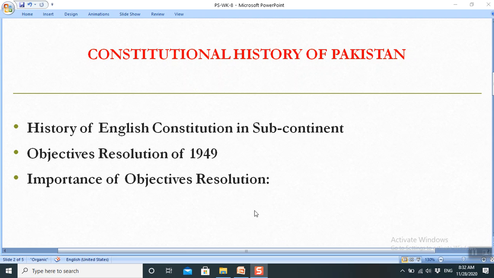Then the organs of the state, which shall be the major organs of the state: who will be the executive, head of state, head of management; who has the authority to make legislation, meaning the legislature. And is there any forum to discuss if any conflict happens, meaning the judiciary.